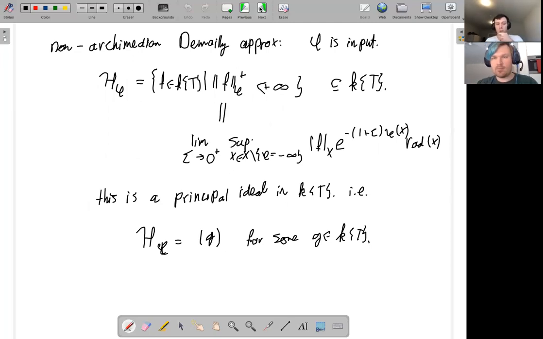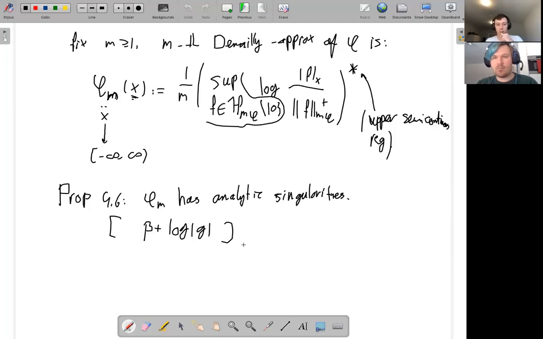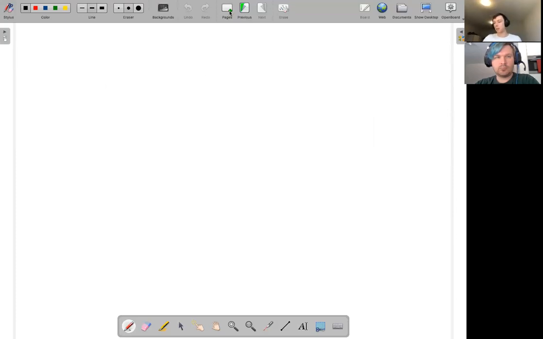Right? So this is how you show that it has these analytic singularities. Okay, so this is a good candidate then for the approximation. And so then we get essentially to the end, because this is the theorem now that we are working towards.